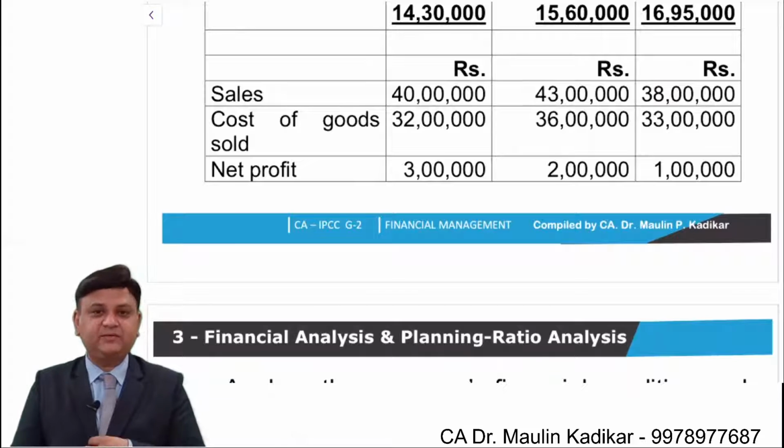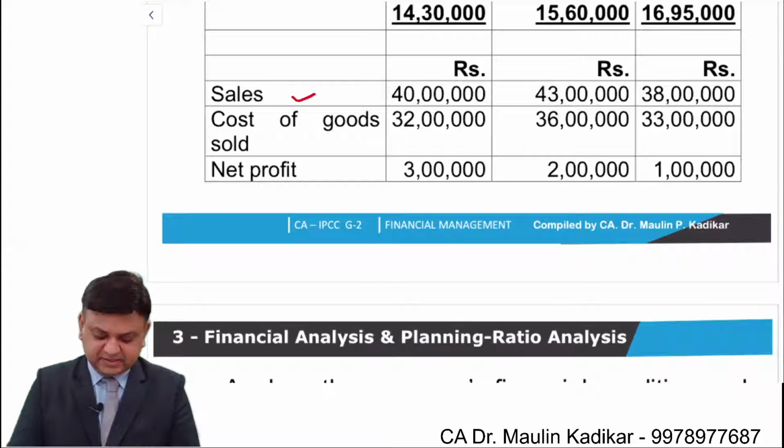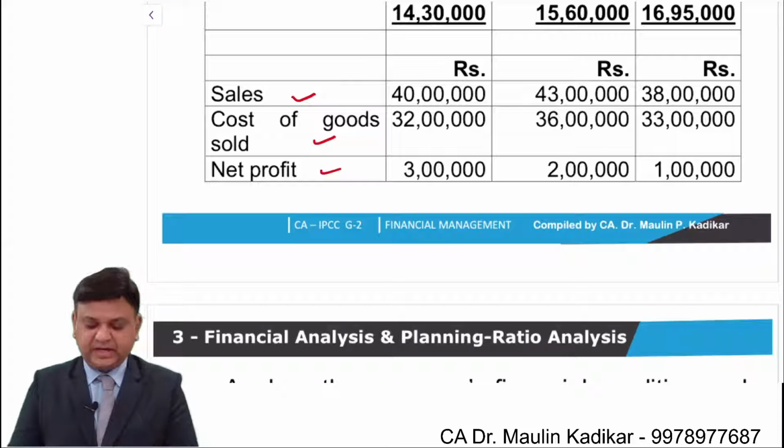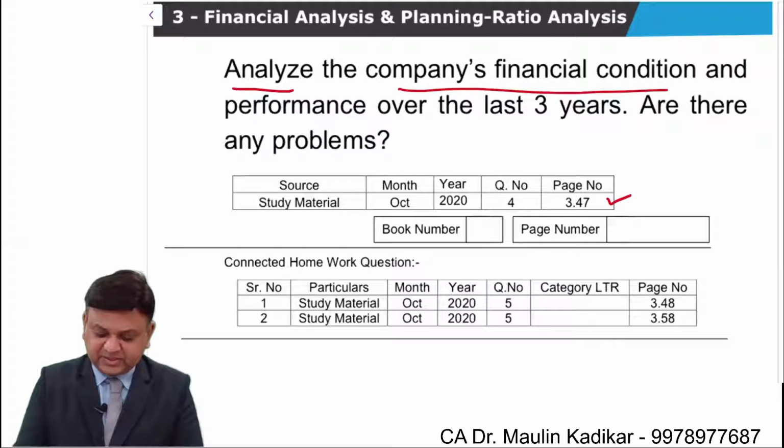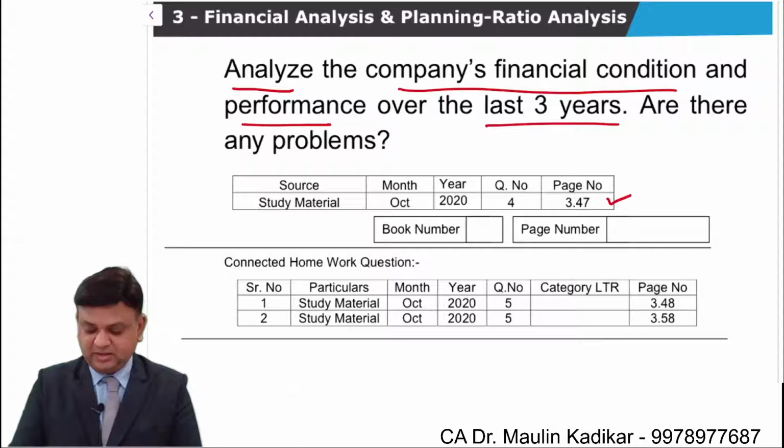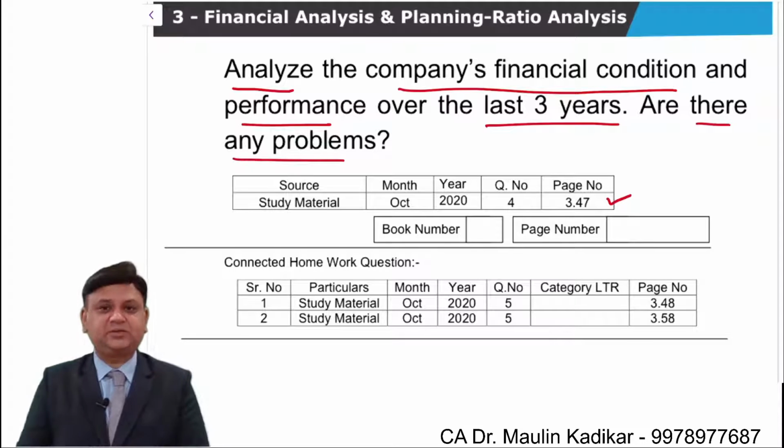Then we have been provided with the information: sales, cost of goods sold and net profit. Analyze the company's financial condition and performance over the last 3 years. Are there any problems? That is the question.